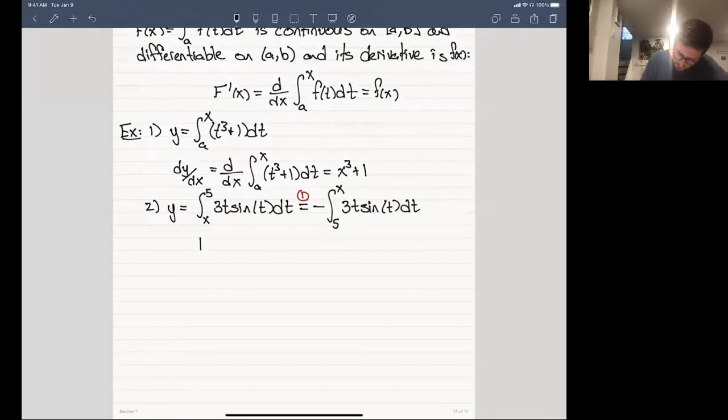And this tells me that if I want to take a derivative of this thing, now it's clear sailing, right? This becomes d dx of minus the integral from 5 to x of 3t sine of t dt. The minus can come out front, so I get minus the derivative of this thing.